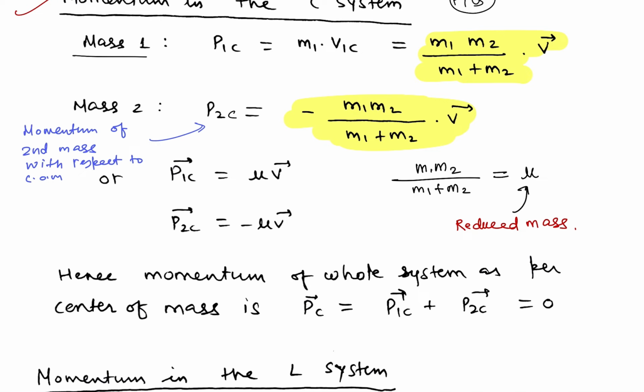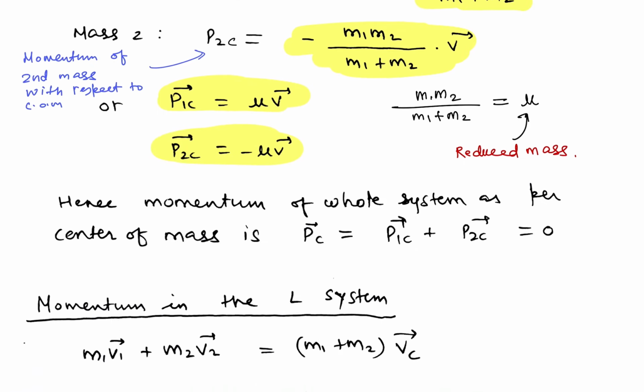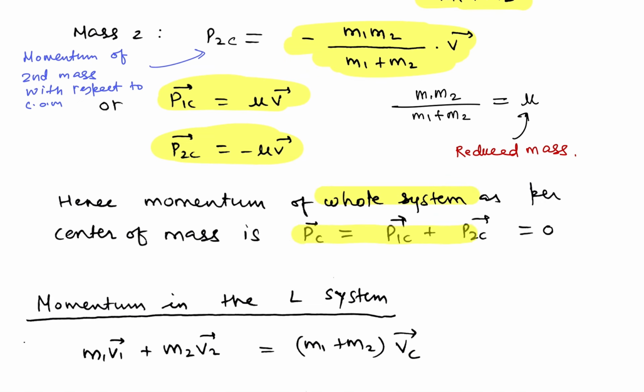Now the momentum of the first particle in C system is mu v and the momentum of the second particle is minus mu v. So the momentum of the whole system would be simply zero when you add them, because they are the same in magnitude but opposite in direction. So that means in center of mass system, the momentum of the system is zero. One very important lesson.